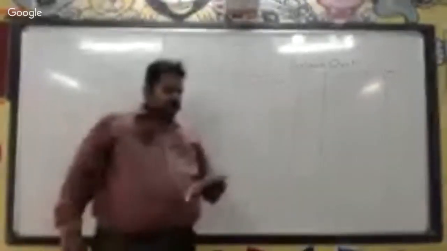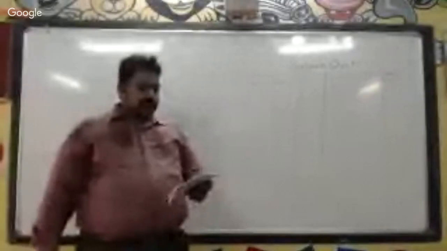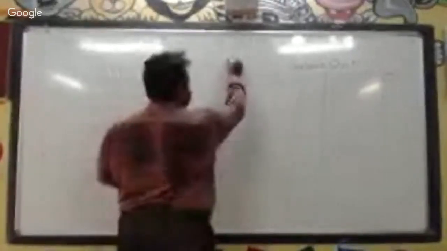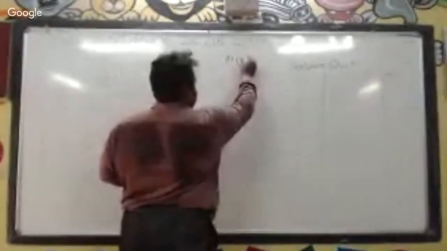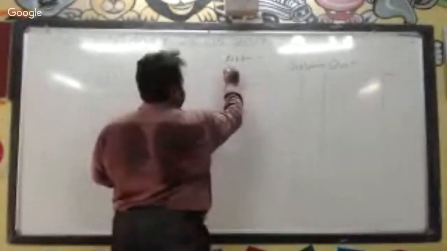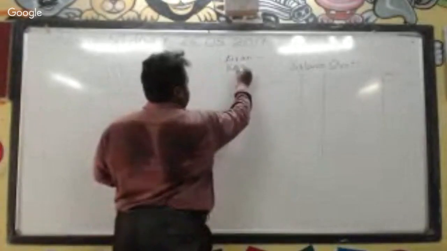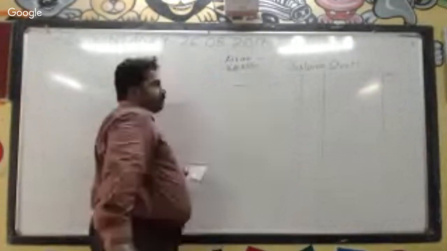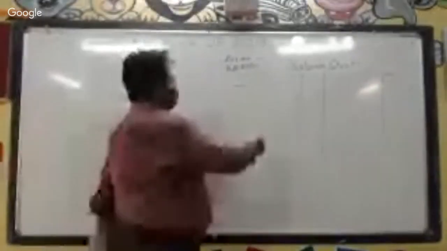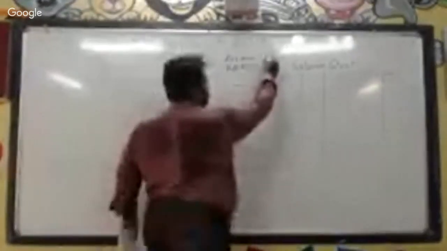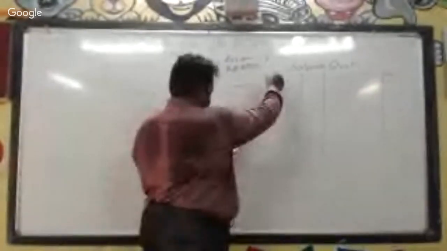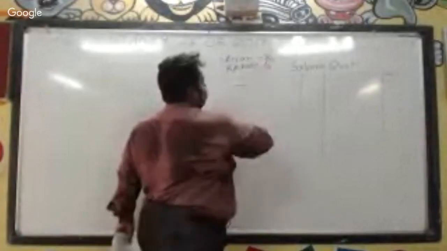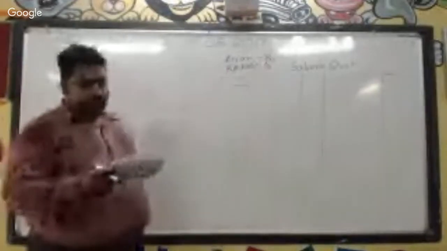Kiran and Karan are partners sharing profit and loss in the ratio of 3:4. As you know from yesterday, Kiran and Karan are the partners. Their profit sharing ratio is 3/4 and 1/4.